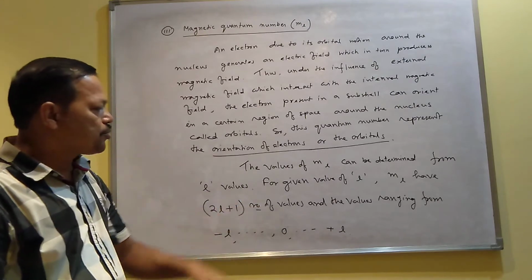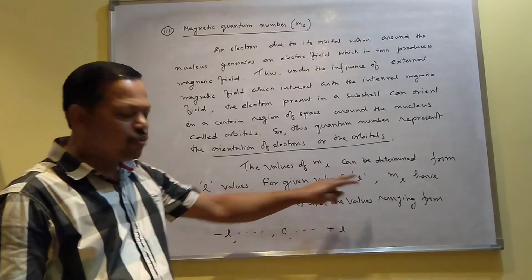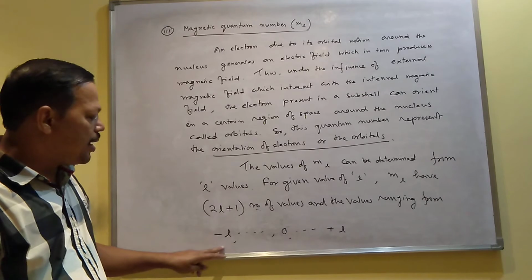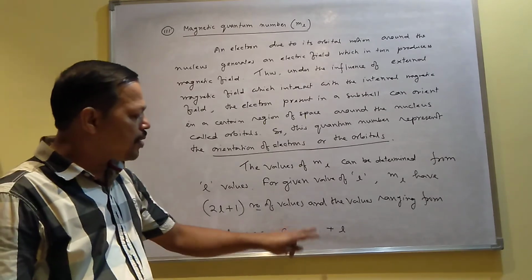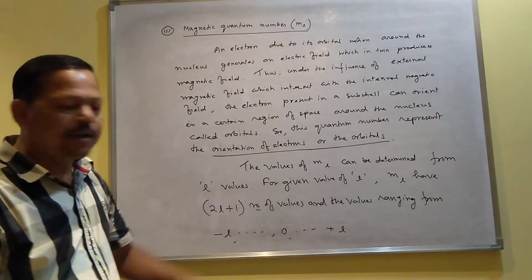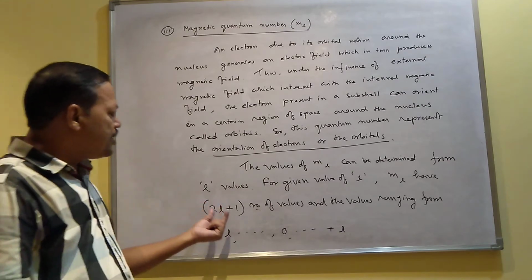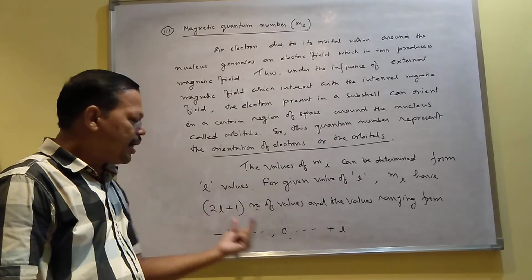If L is 2, then it will start from minus 2, minus 1, 0, plus 1, plus 2, so you will get 5 values.